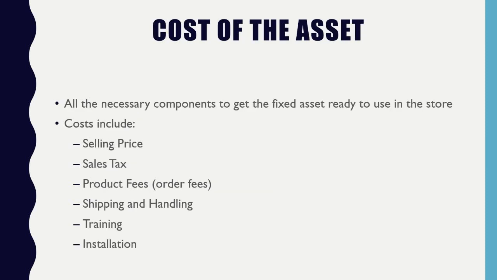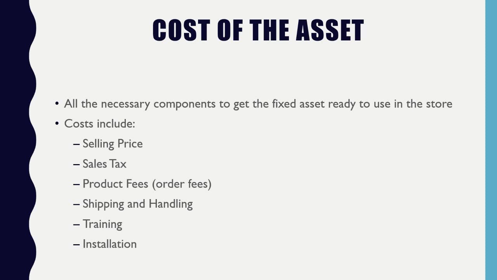So let's talk about the first component, which is the cost of the asset. The true definition of this is all cost that it takes to get the asset ready for service.